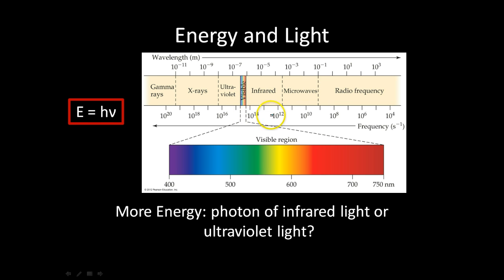It's got a lower frequency, times 10 to the 13th, times 10 to the 12th, lower frequency than ultraviolet, which is up here, times 10 to the 16th. So ultraviolet light is more energetic, and this is actually the type of light that tends to damage skin cells and cause certain types of skin problems.